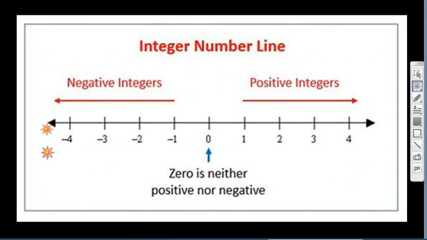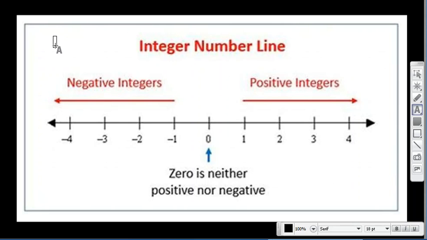So this is a set of integers. Each different integer would be considered an element. This set would be considered infinite, because it doesn't have an end. We can't count the number of elements in this set because they're always increasing in both directions.